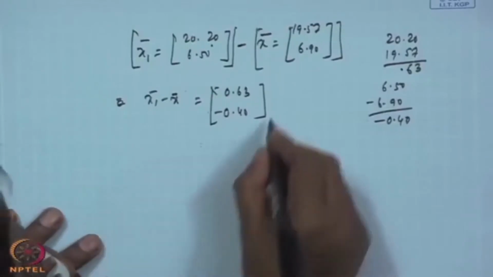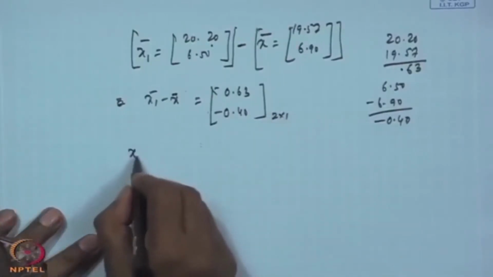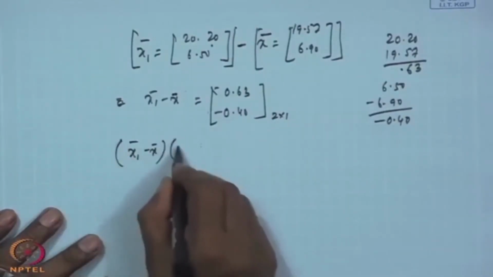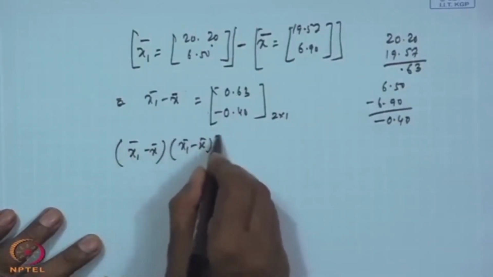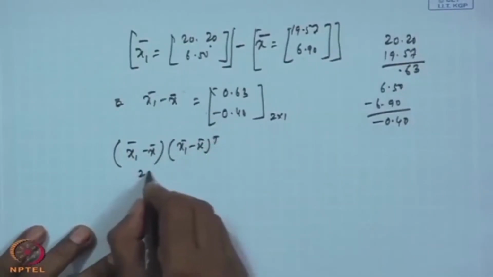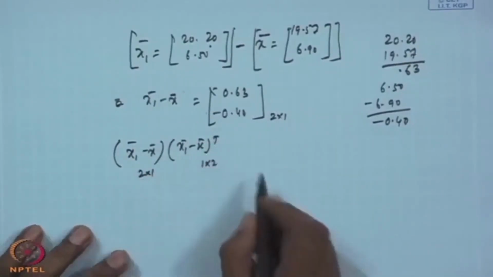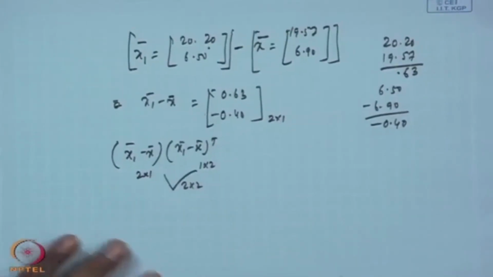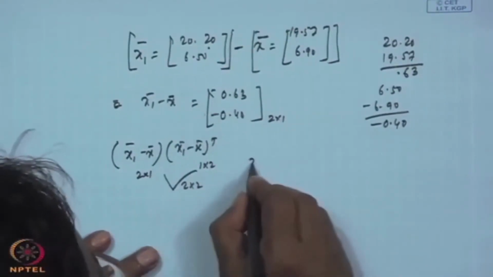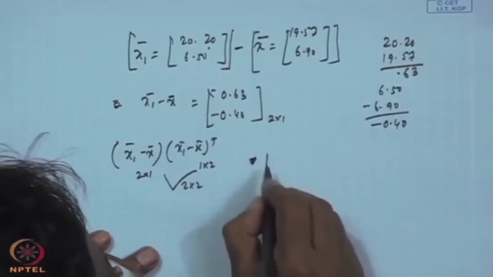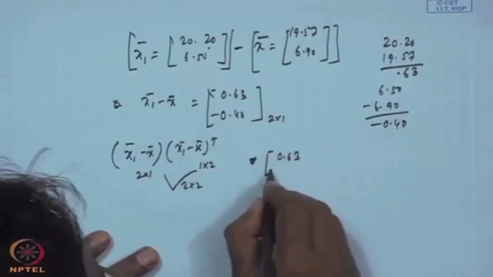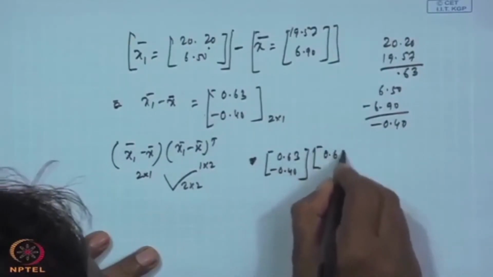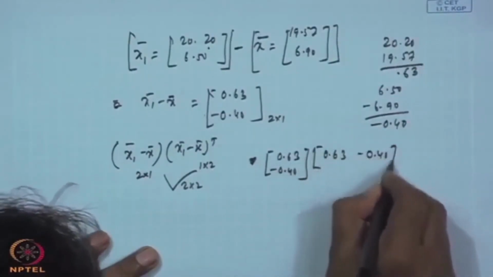So, what you require? You require to calculate x1 bar minus x bar into x1 bar minus x bar transpose. This is 2 cross 1, this is 1 cross 2, your resultant matrix will be 2 cross 2, and that is what you want. So, I can write like this now, 0.63 minus 0.40 into 0.63 minus 0.40.